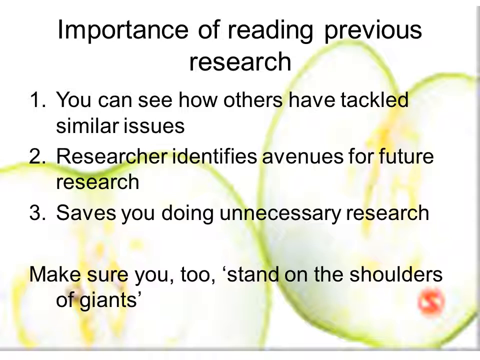But there are results that have come from it that are kind of unexpected. And also looking at previous research and doing a good literature review saves you from doing unnecessary research. Like I said already, if the research is already out there, then why are we going to be doing it again?